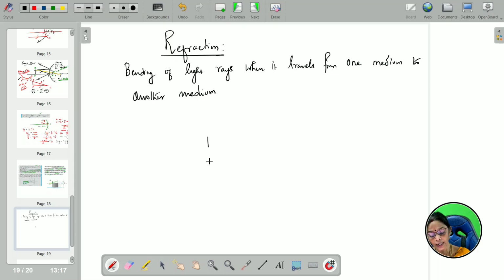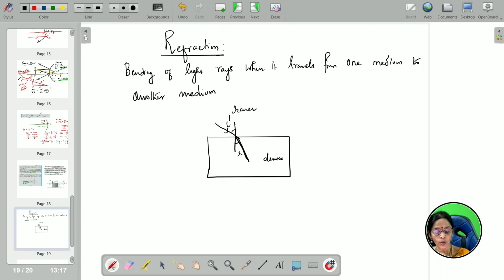When the ray of light travels from a rarer to a denser medium, it bends towards the normal. Why does it bend towards the normal? Because the speed decreases.